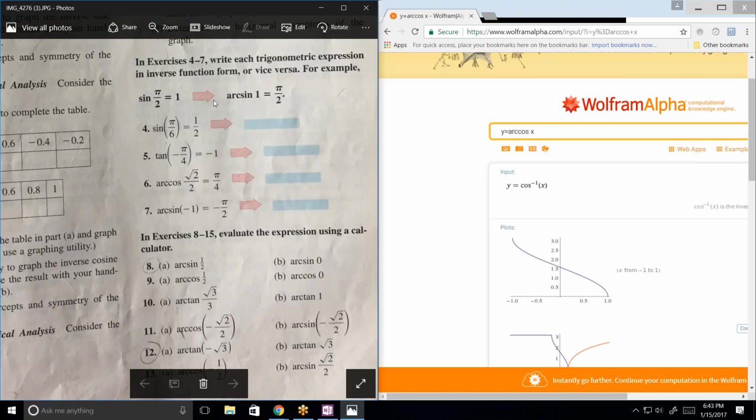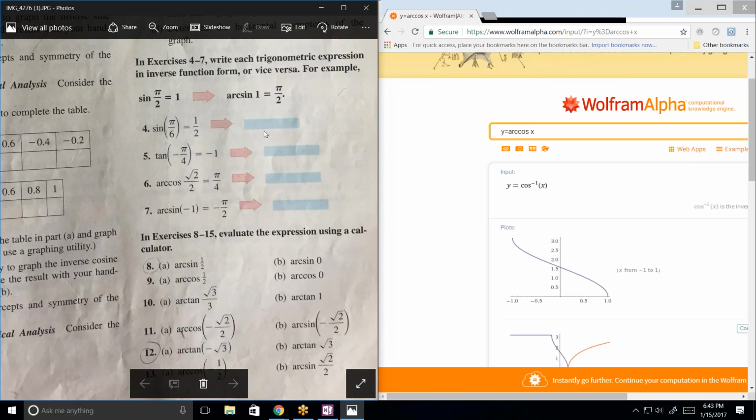And notice what they're saying is the same way I started out the session. If the sine of an angle equals 1, then the inverse sine of 1 equals that angle. Whether that angle is in radians or degrees does not matter. Okay? So if the sine of pi over 6 equals 1/2, what does that mean in blue? Number 4.